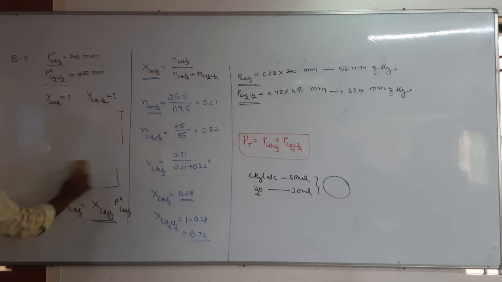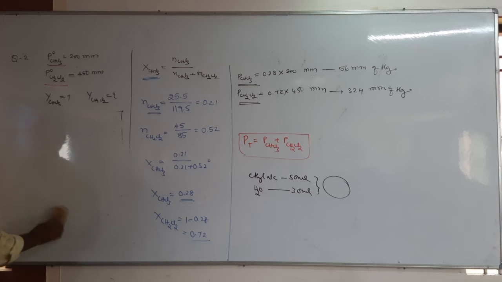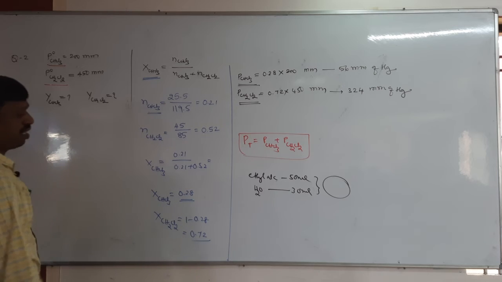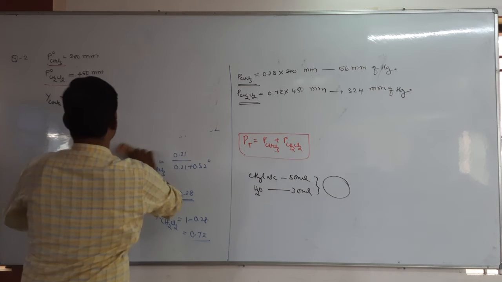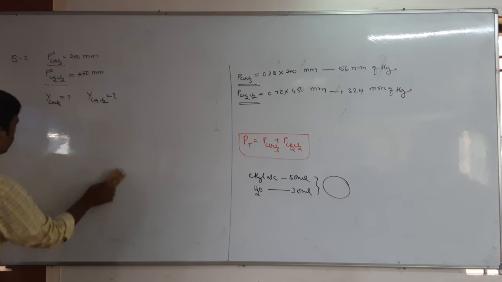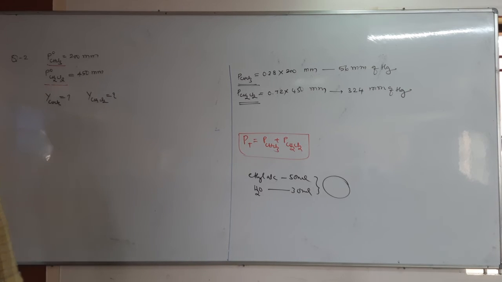Right, one more. The vapor pressure of pure solvents benzene and toluene are 150 mm and 170 mm of mercury respectively.